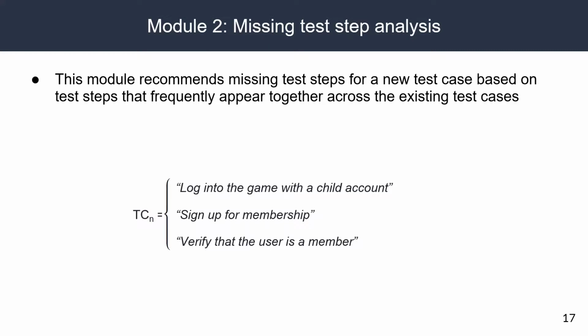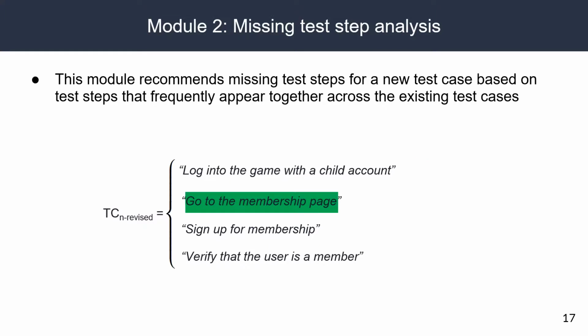For example, if you have this new test case, log into the game with a child account, sign up for membership, and verify that the user is a member, this module recommends to add the go to the membership page step. So this would be the revised test case now. And this is suggested just because this step in green appeared together with the other ones in the previous test cases.